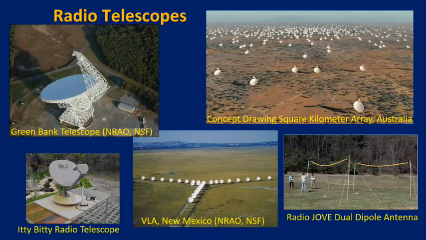Radio JOVE, as I said, is at the HF band, so around 20 megahertz. That's 15 meters wavelength, so that's a heck of a large dish. So we use wires, which is a very simple way of capturing the radio waves, and we use half-wave dipoles.